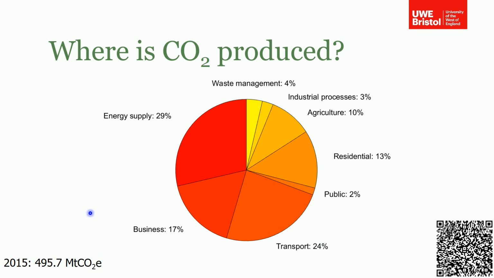It should be pointed out here that all the numbers, and you can scan this QR code to go and look at the data yourself, are quoted in what's called megatons of carbon dioxide equivalent. The reason for that is that there's a carbon dioxide cost to everything, and depending on what your fuel source is, the amount of carbon dioxide being produced might not be indicative.